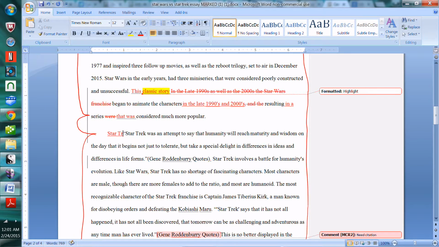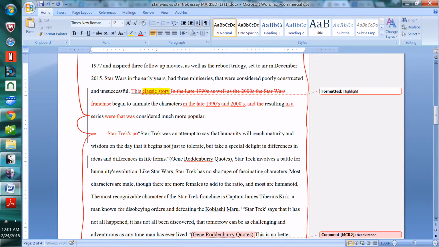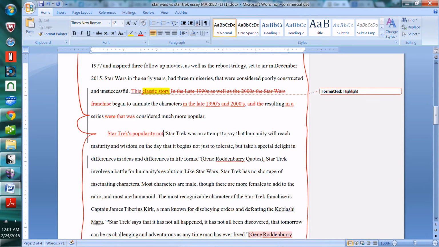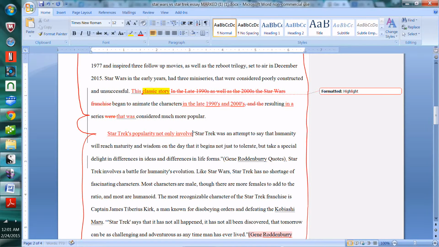Star Trek, popularity, not only involves animation, and I don't know if it does.